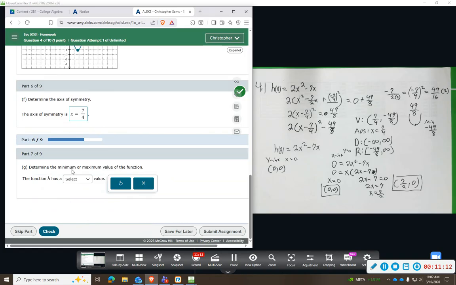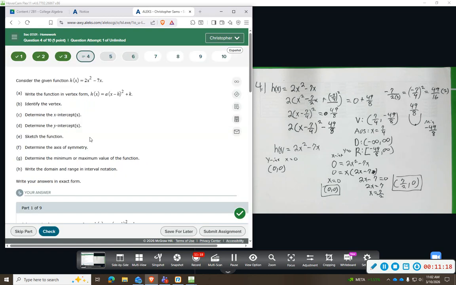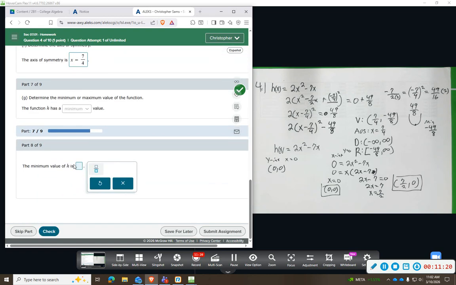The maximum or minimum, we have a minimum value. And the minimum value is the y value of the vertex, so negative 49 divided by 8.